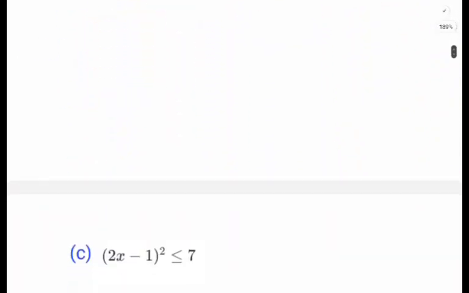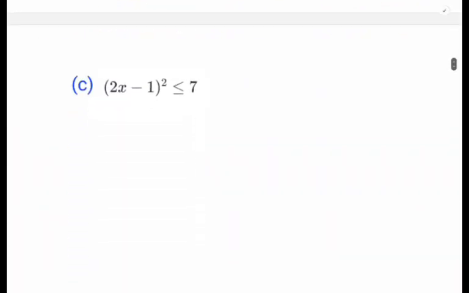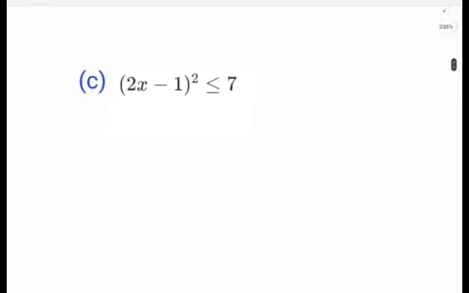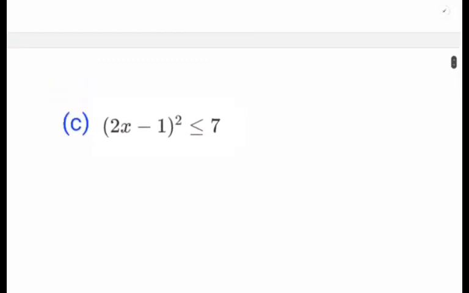Right? Let's go to the next one. Step 1, you need to find out what is the x value. Now instead of expanding the whole thing and then factorizing, we do it straight away here. 2x minus 1 squared equals 7. 2x minus 1 equals plus or minus root 7.